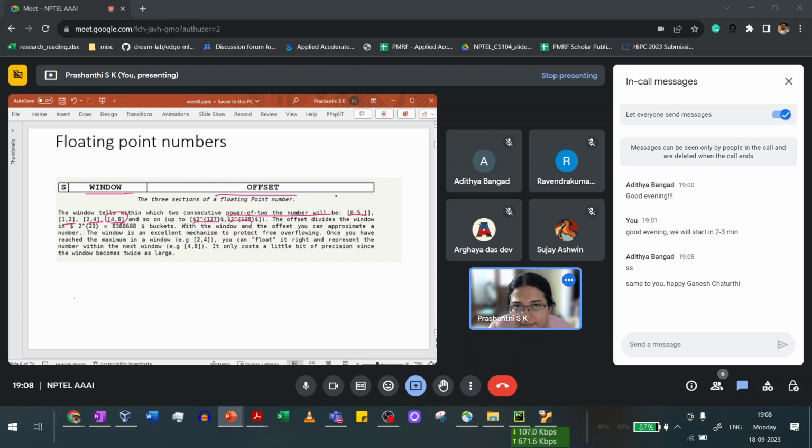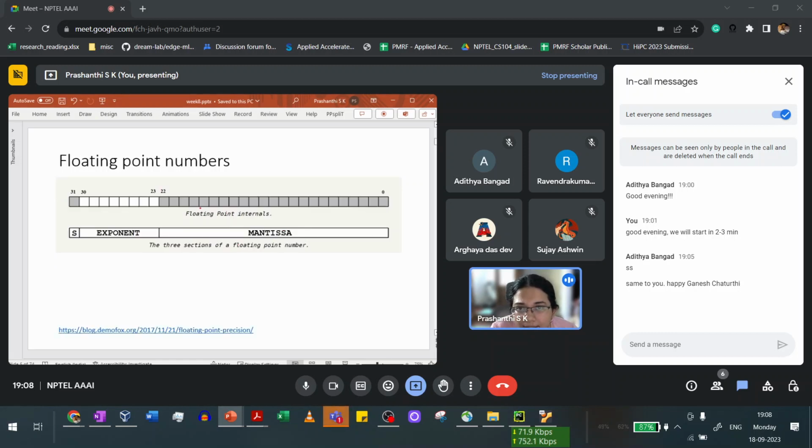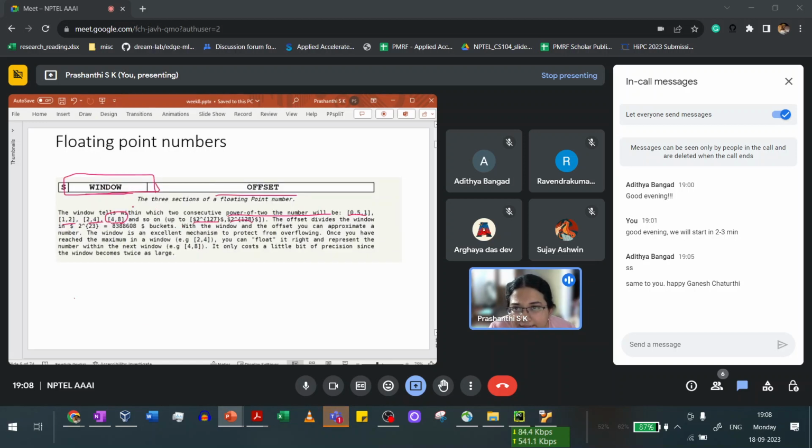Now this part of the representation, you can think of it as an offset. Basically it divides this window into a certain number of portions. How many portions is that? Remember that this is 23 bits, 0 to 22. So it divides this window into 2 to the power of 23, which comes out to be 8,388,608 buckets.